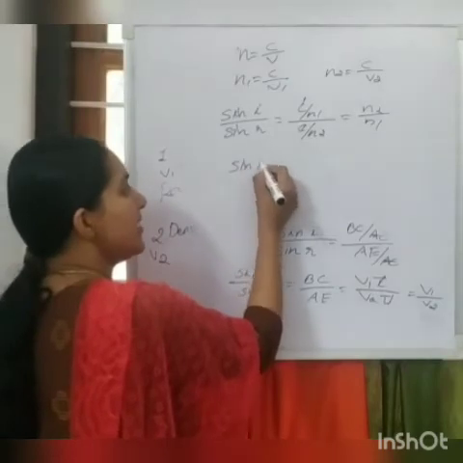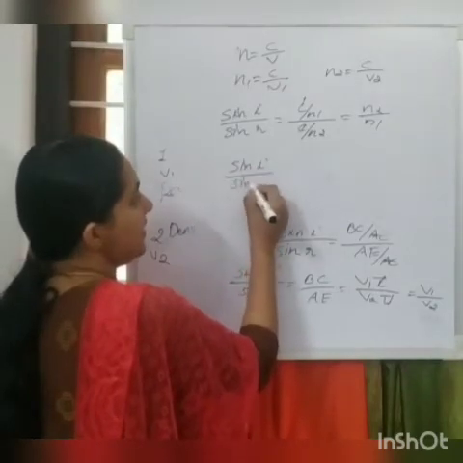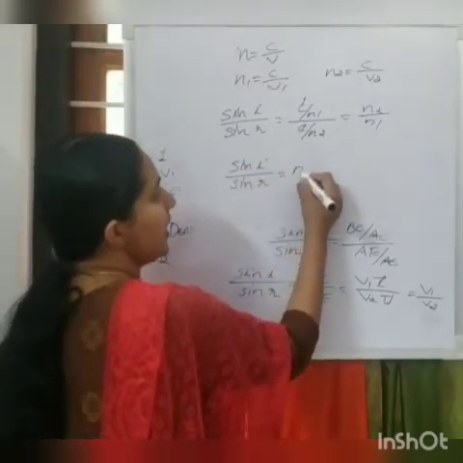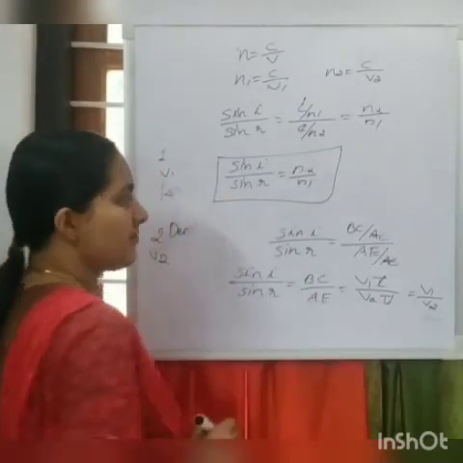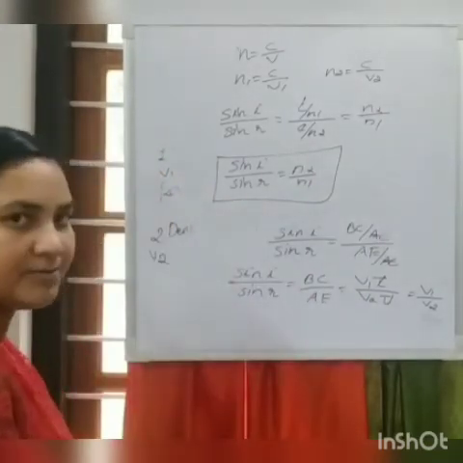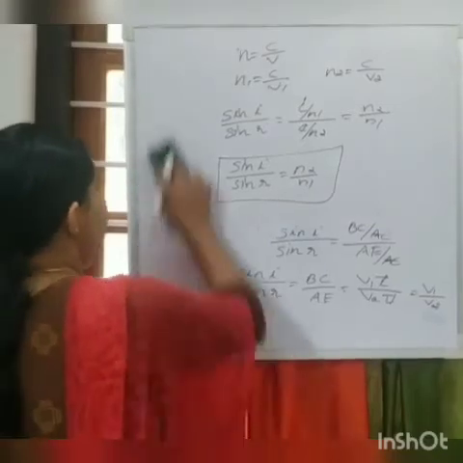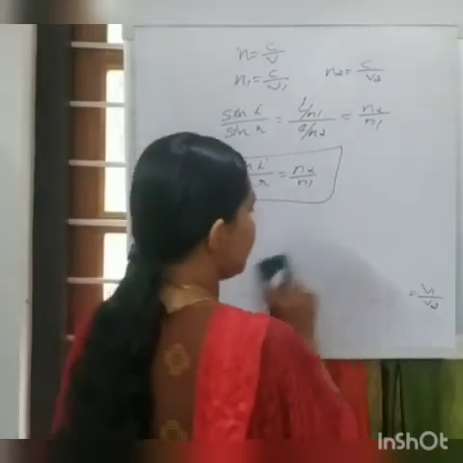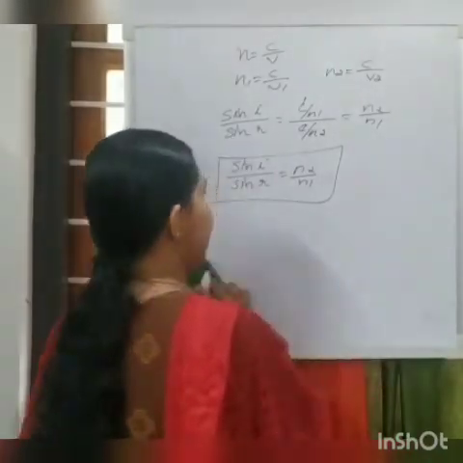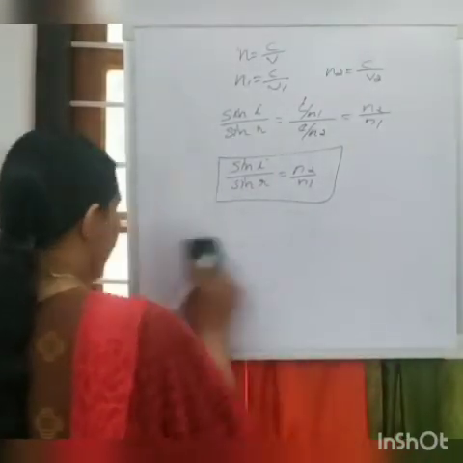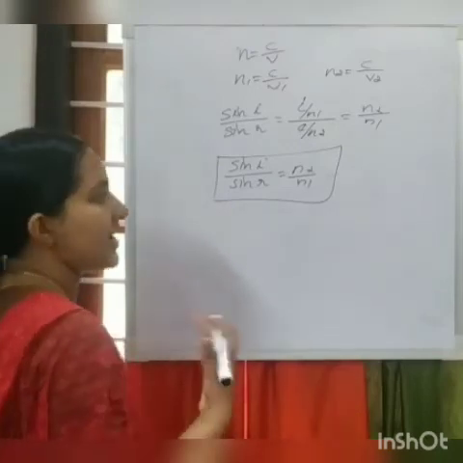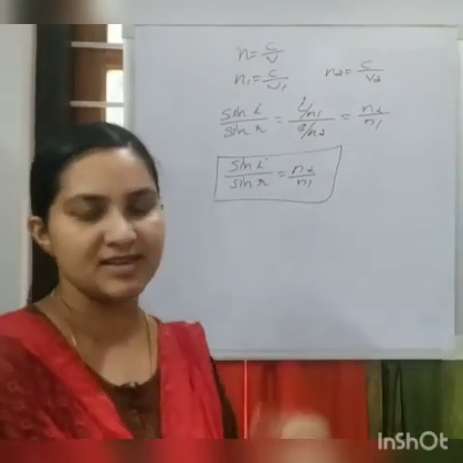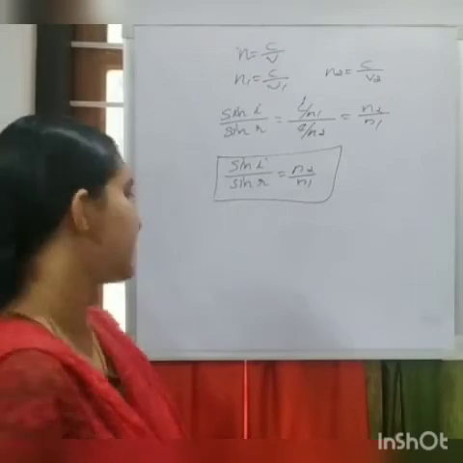Sin I by sin R equals N2 by N1. This is the law of refraction, or Snell's law of refraction. So now using this Huygens principle, we proved Snell's law. Which means the law of refraction can also be proved by using this Huygens principle.